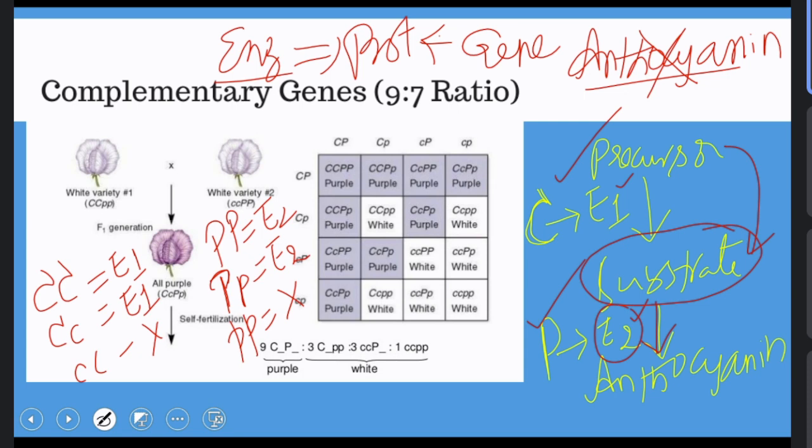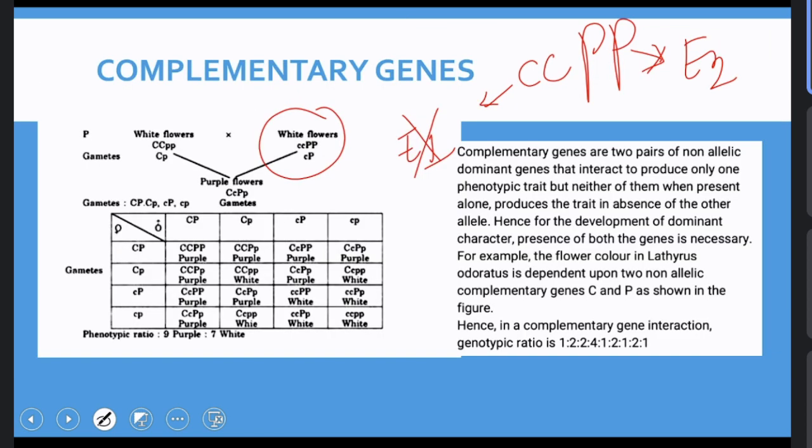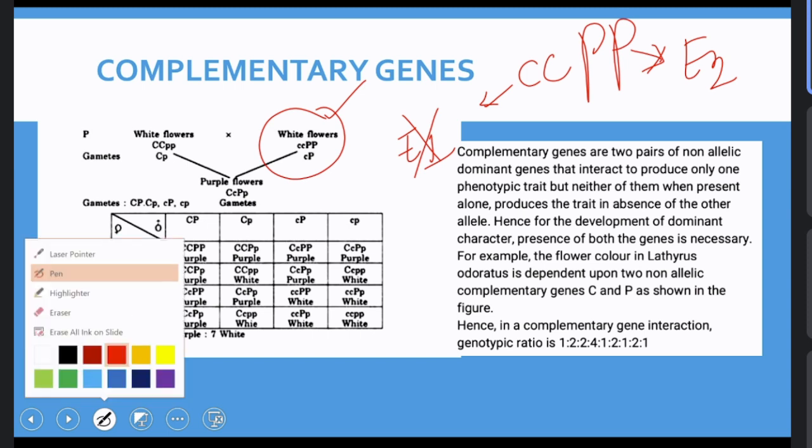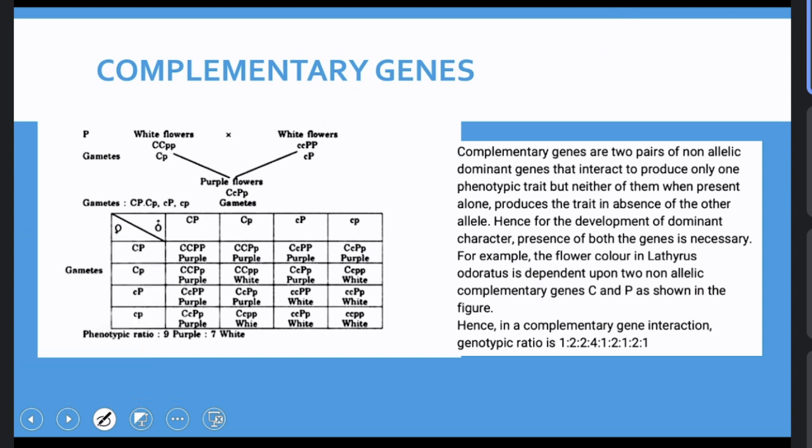But here, the substrate itself is not produced, because E1 is absent and the precursor itself remains, which results in a white flowered plant. And thus, what we know from this experiment is complementary genes.